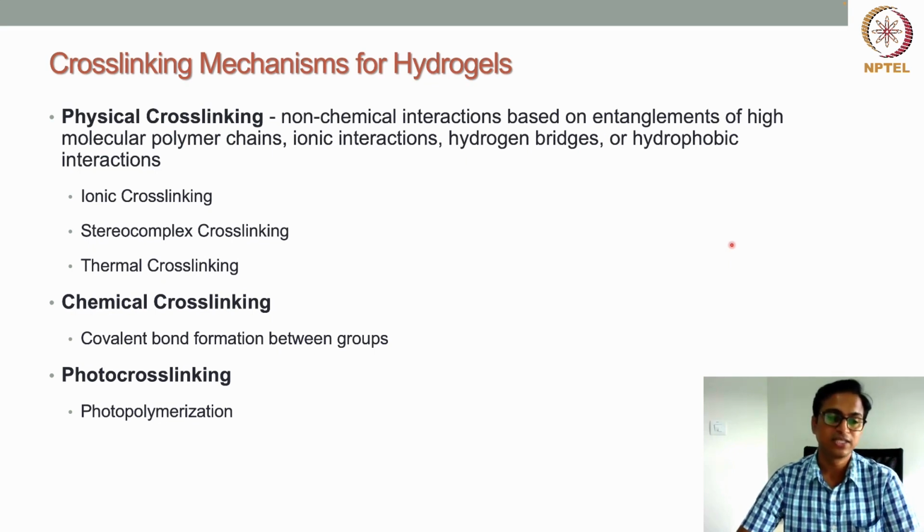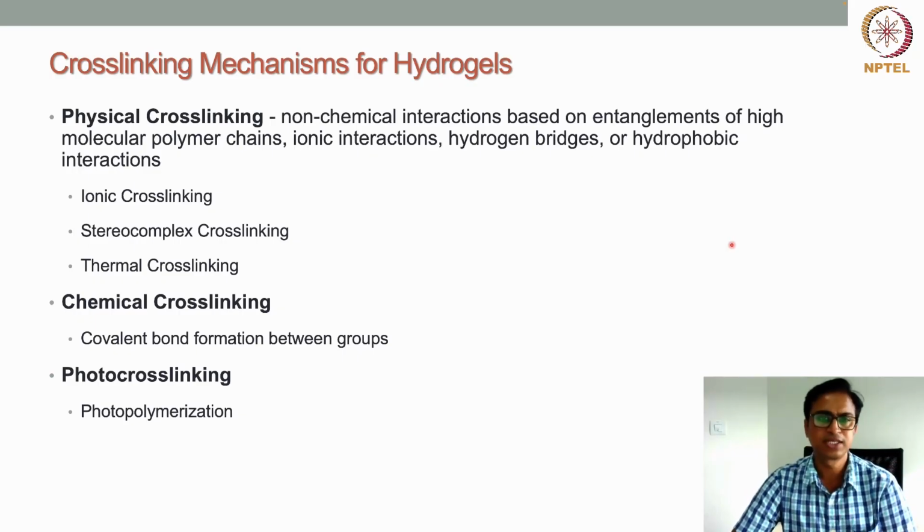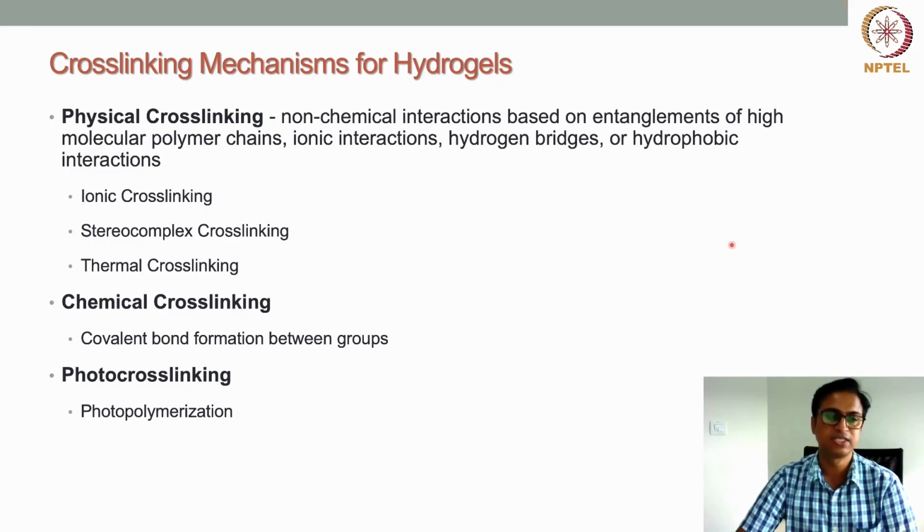Similarly, chemical cross-linking is another way to introduce gelation within a hydrogel, but here it is a chemical interaction. Chemical bond formation, covalent bond formation between the groups, happens in chemical cross-linking.